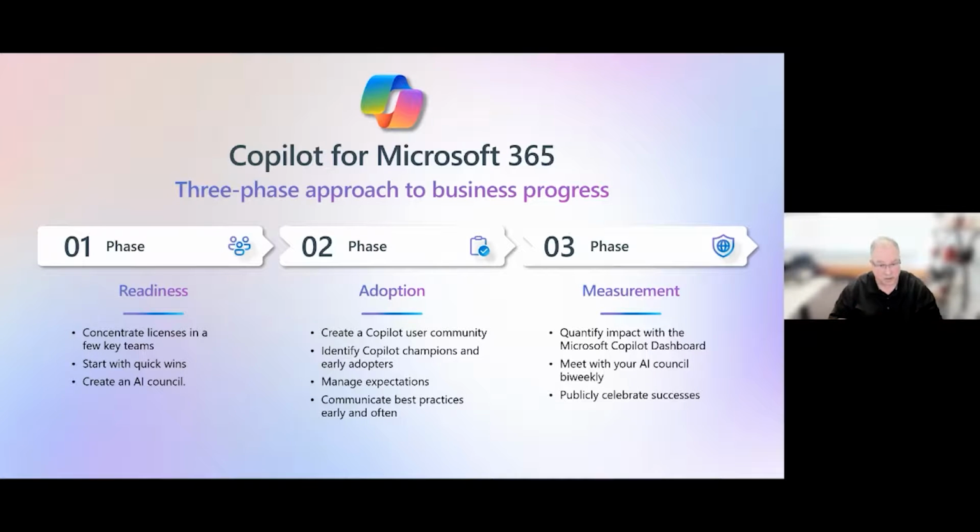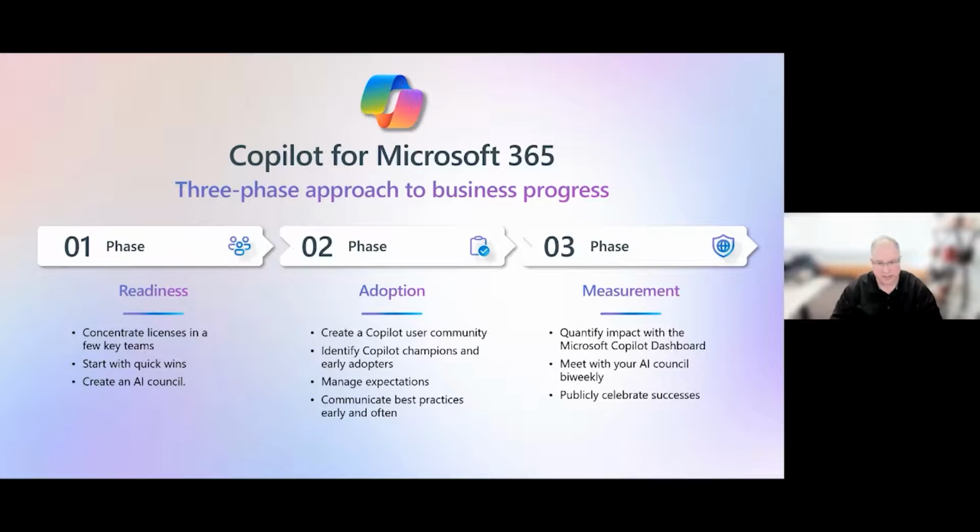Perhaps start a Copilot or an AI council so you can discuss how AI is going to be used in your environment. What are the features within Copilot that you might focus on? For instance, you might want to put out some initial training on how to use it with Outlook and Teams, since that's one of the most common use cases.